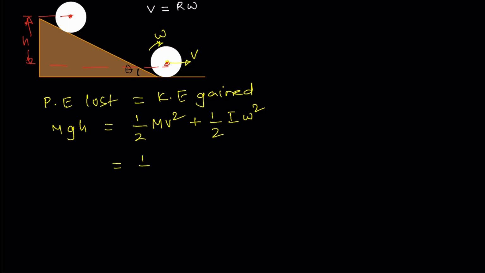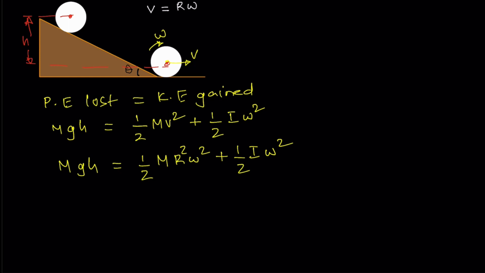So we have half m, v is r omega, so r square omega square, plus half I omega square, and this equals mgh.